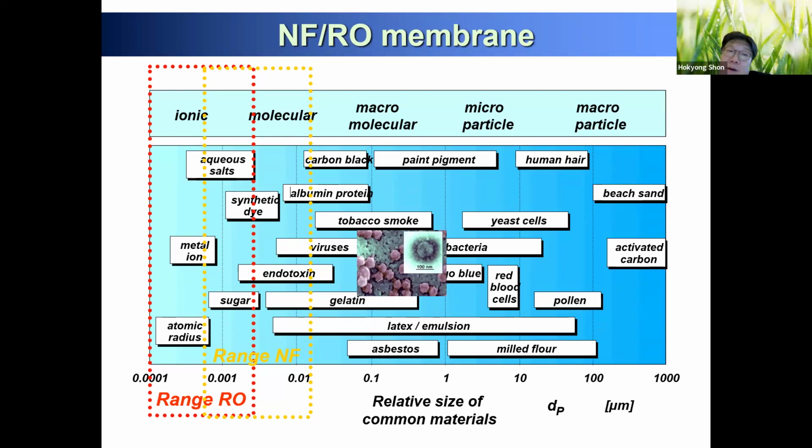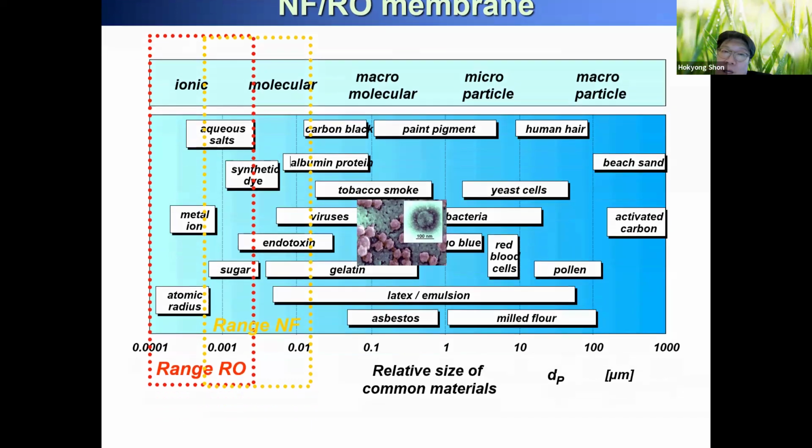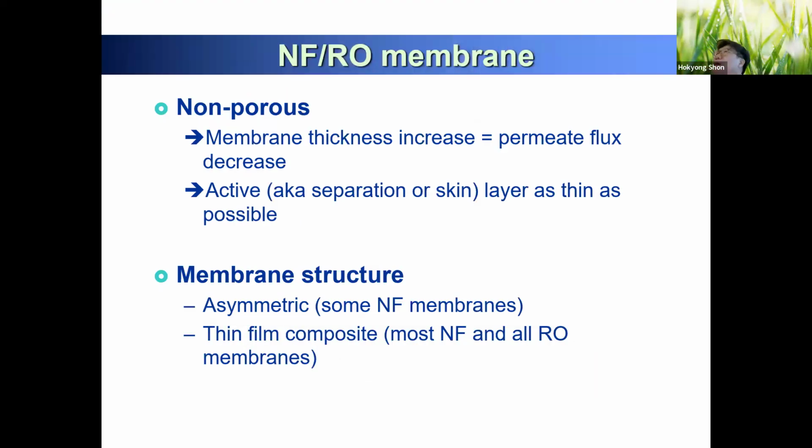So you can see a lot of small atoms and molecules can be removed by this reverse osmosis membrane. How can this membrane remove these, and how can we design it? Let me talk about the non-porous membrane.